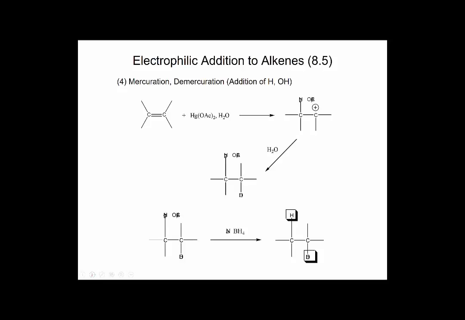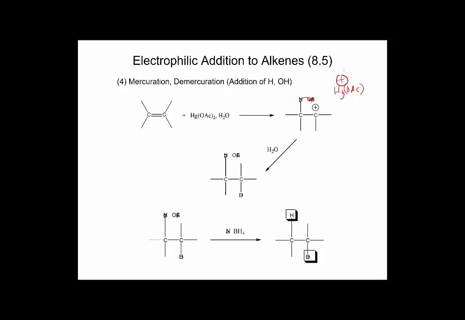Something similar to that is mercuration, demercuration. Was that in the video too? In mercuration, demercuration, basically what happens is I make an HgOAc plus. We start with mercury 2 plus, and we lose an acetate.